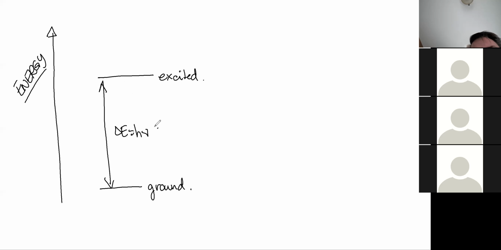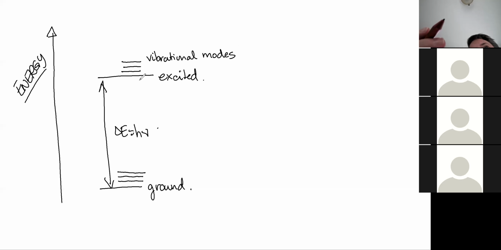Very straightforward. But when we've got molecules, there are smaller energy levels that are right above here, for basically vibrational modes, and even so there's vibrational, rotational, translational, all these little smaller energy levels.